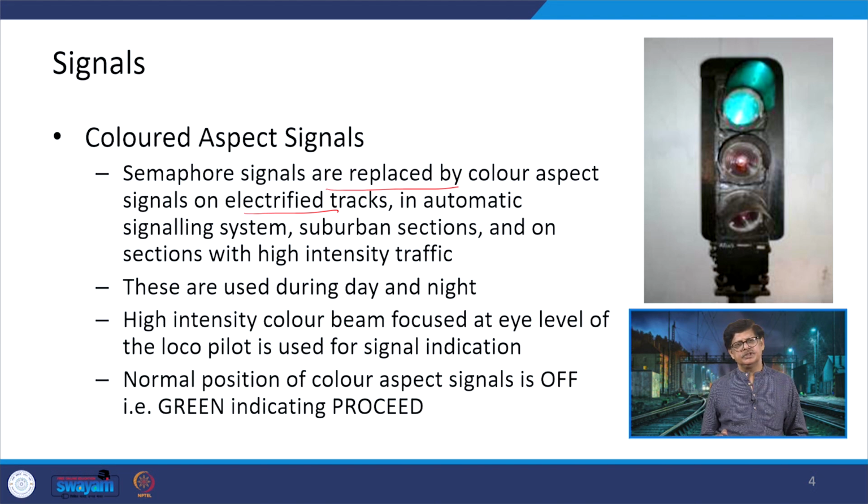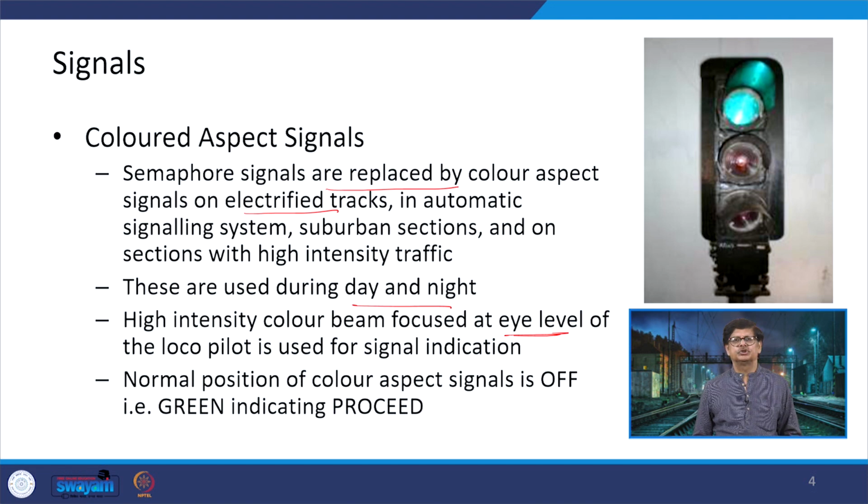These signals can be used in the daytime as well as the night time, because the intensity of the light coming out of it is such that the loco pilot can see it even in the daytime. The high intensity colored beam comes at the eye level of the loco pilot.